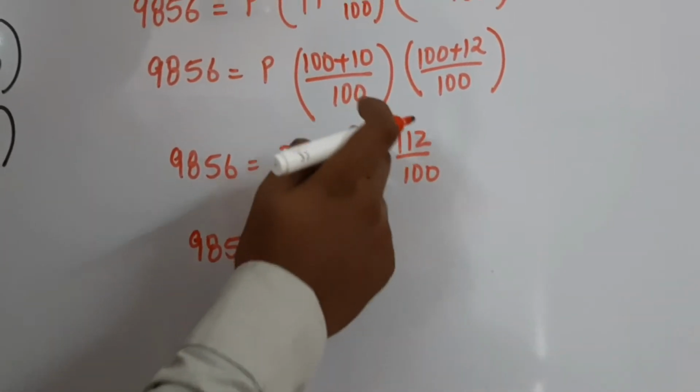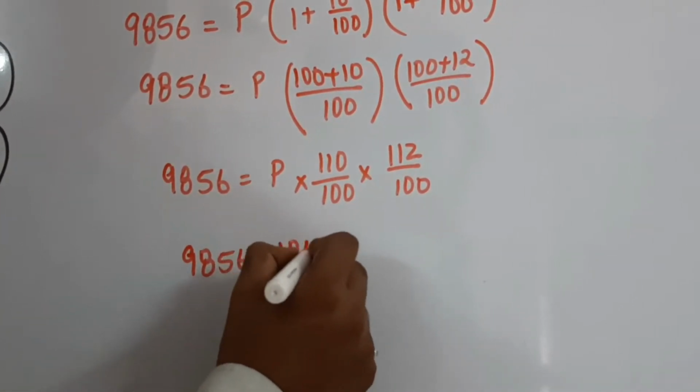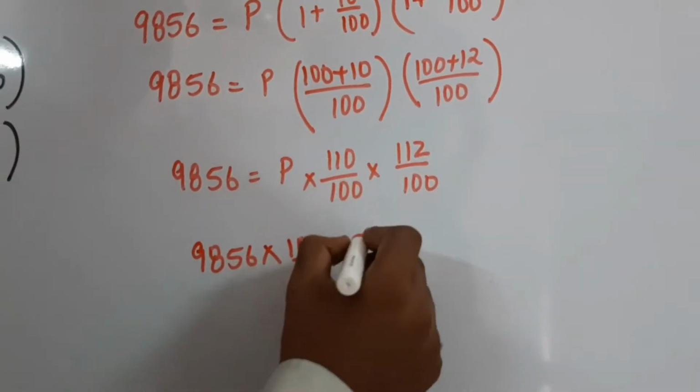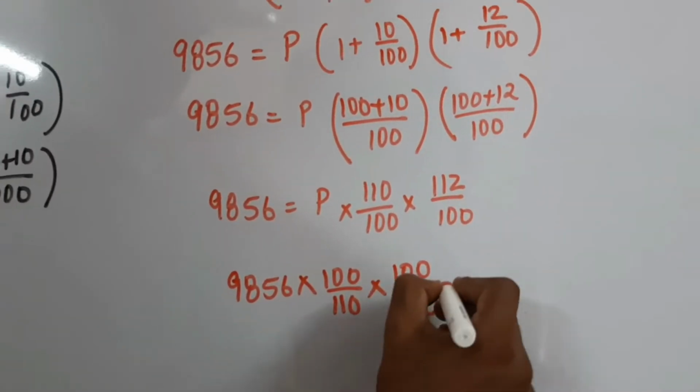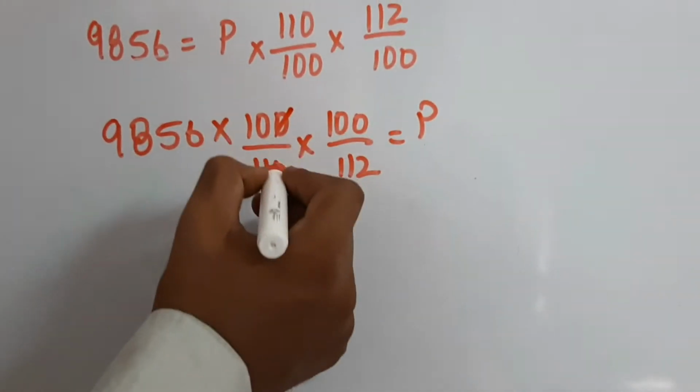9856. 110 by 100, when it comes this side, becomes 100 by 110. 112 by 100, when transposed to the left hand side, the numerator becomes denominator. The zeros get cancelled.